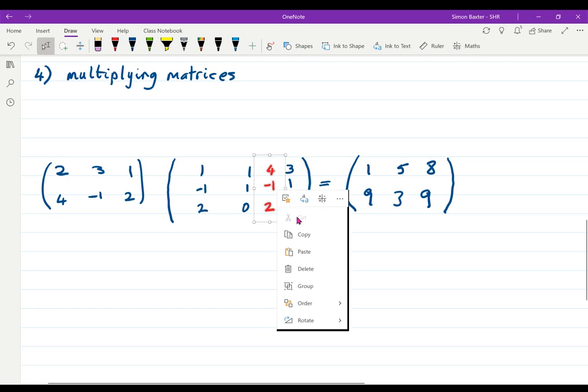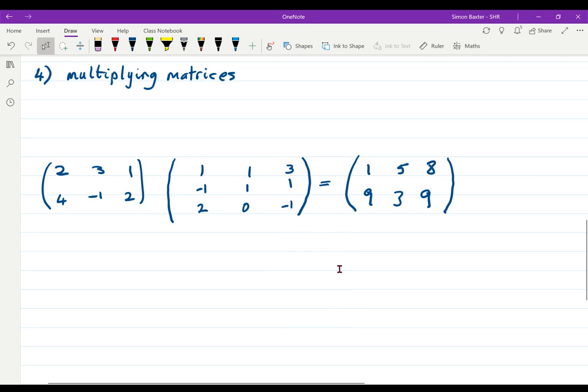So that is multiplying two matrices together. Not difficult, but you do have to remember what you're doing.